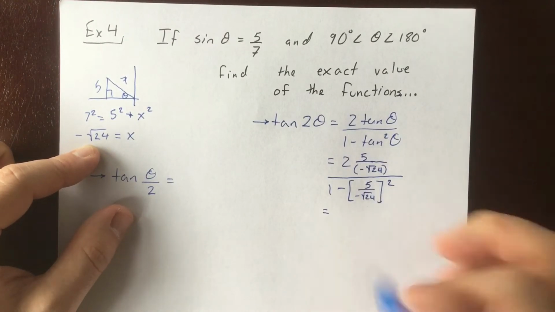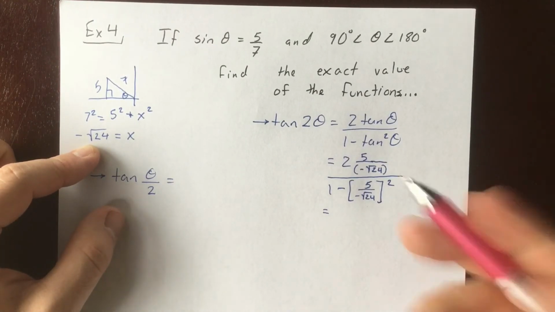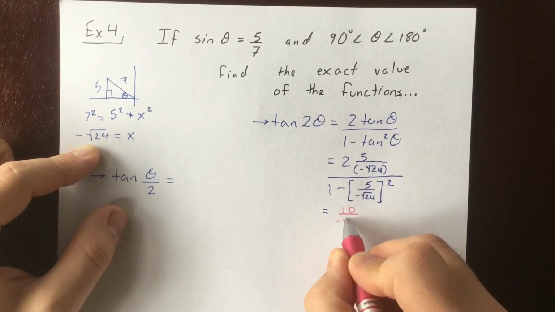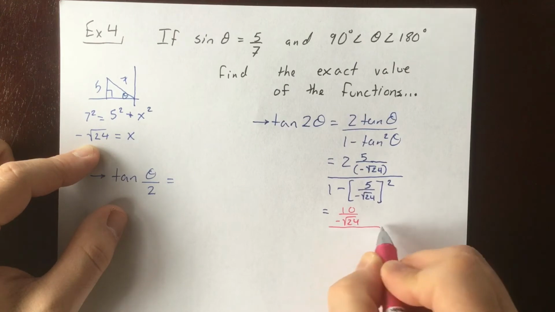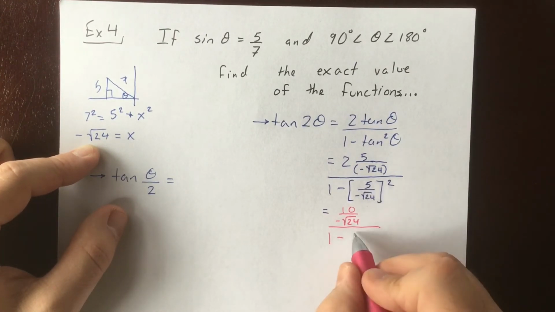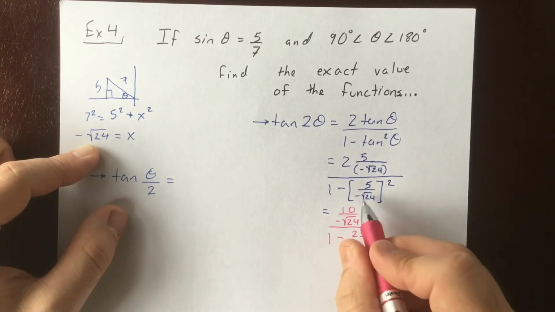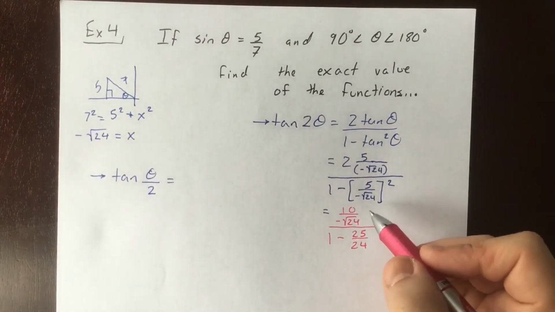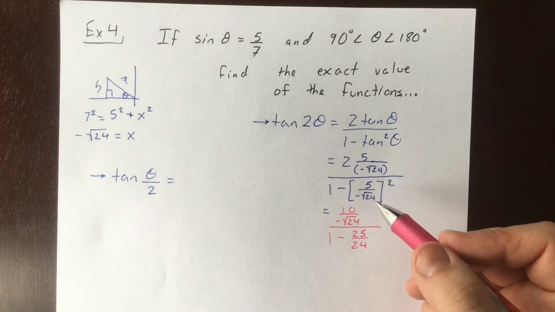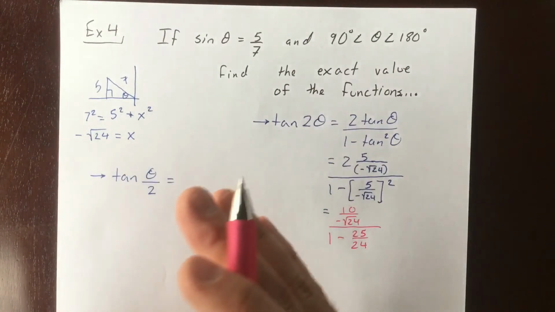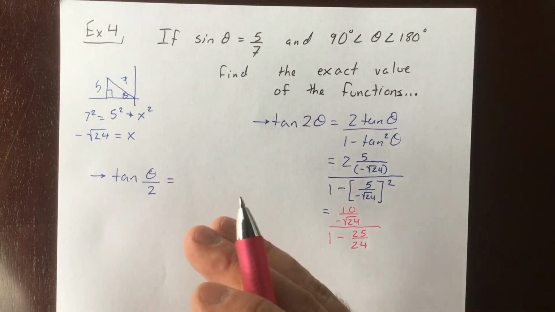We get 10. Use a different color for contrast for you guys. We get 10 over negative square root of 24. Okay. 1 minus, this ends up being 25. Root goes away, so just 24. But it's still subtraction. I think it's actually in the previous video, we were looking at the addition and sum identities.